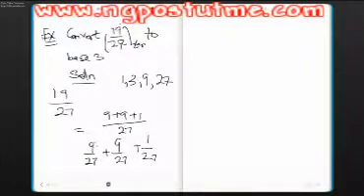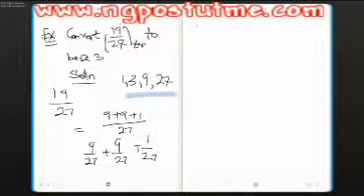From the values we have here, 1, 3, 9, and 27, can we pick 4? 4 is not part of the factors. We can't pick anything that is not a factor. Whatever we pick must be one of the factors of that denominator.